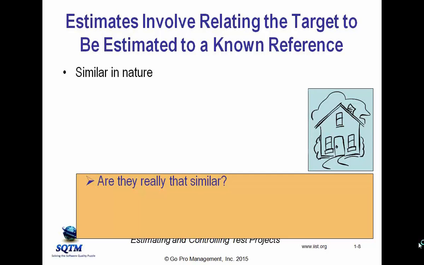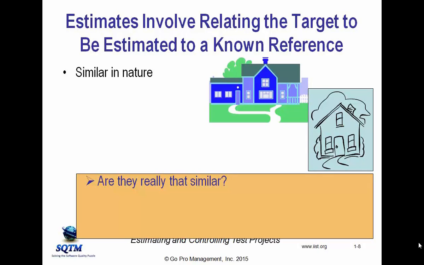So for instance, if I'm going to estimate how long it takes to build a house, and my reference is kind of a ramshackle old place, and my target is a fancy new two-story place, very elegant and so forth.